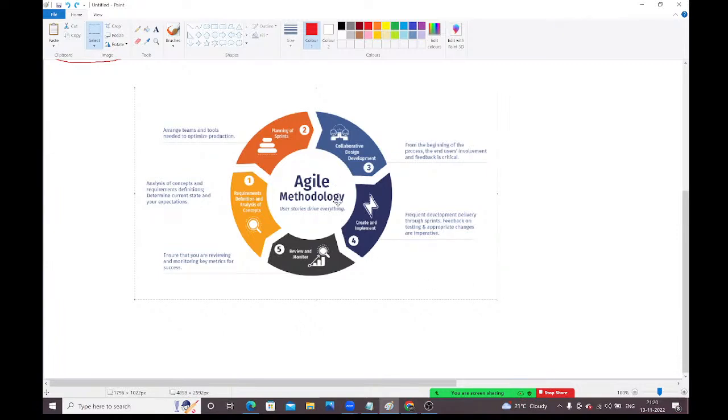See, guys, here you can see, this is the cyclic process. In Agile, everything is a cyclic process. So this is the cyclic process in Agile.